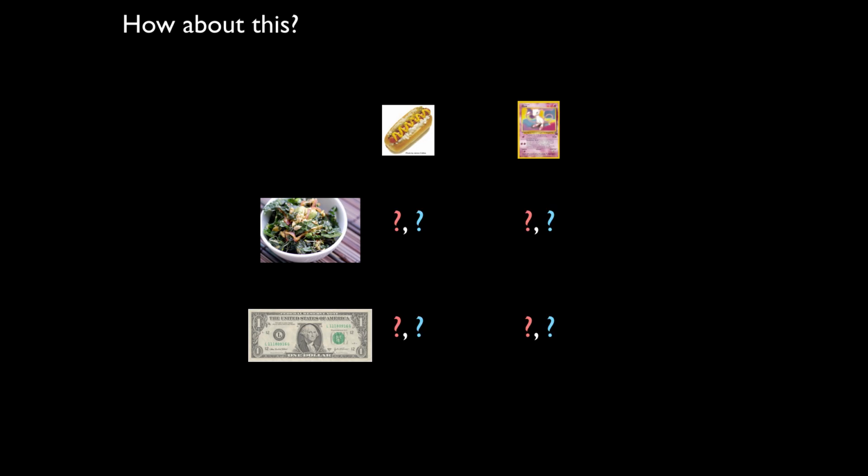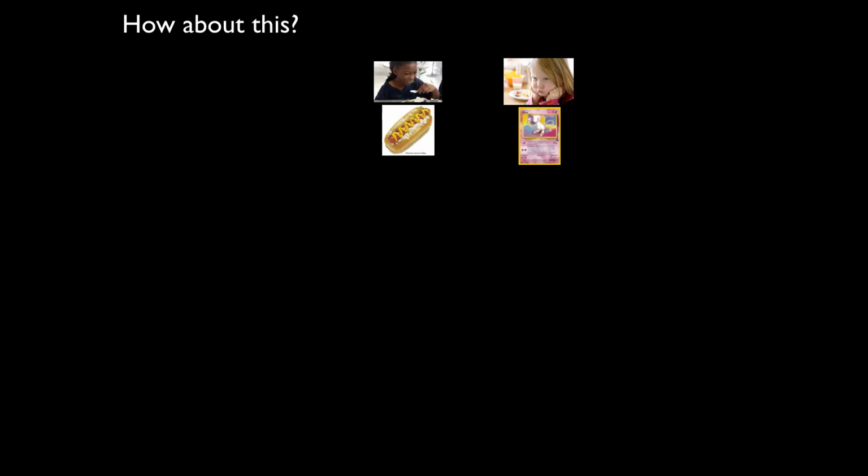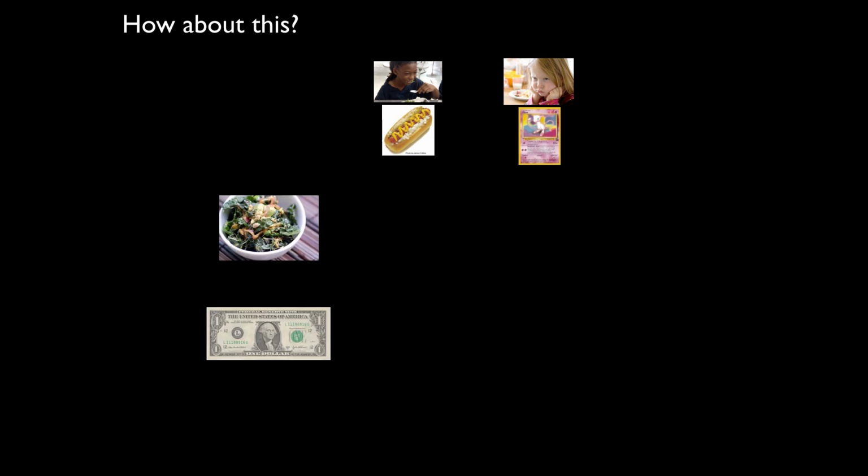How about this? Dad does kale and money. Kid does hot dog or Pokemon card. No. How about this? Now here the dad does kale or money, and the kid can either eat the kale salad and buy a hot dog, or refuse the kale salad and buy the Pokemon card. Is this sufficient?